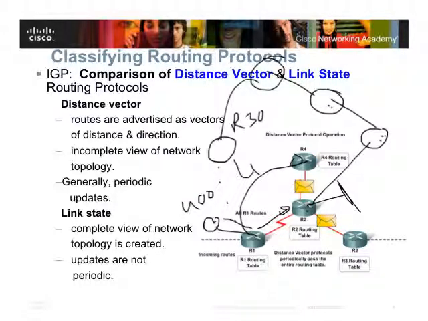So at some point, router 1 will receive a distance from router 2 and will receive a distance from this router. It will receive multiple distances between these routers and router 30. So basically the decision is based on which one is less.